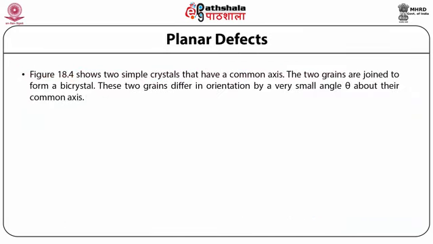Figure 18.4 shows two simple crystals that have a common axis. The two grains are joined to form a bicrystal. These two grains differ in orientation by a very small angle theta about their common axis.